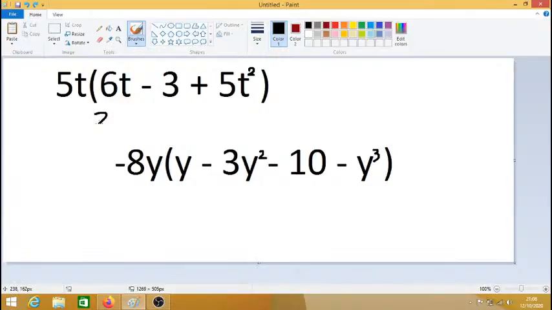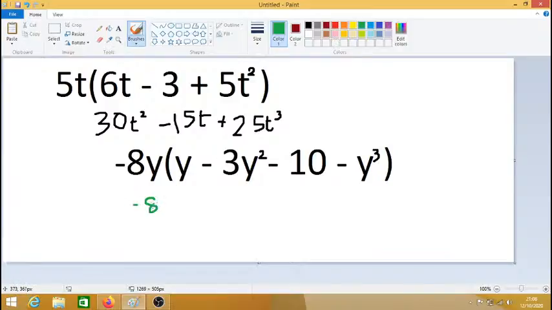5t times 6t, that makes 30t squared, followed by the minus 15t, plus 25t to the power 3. I'm just going to change color.